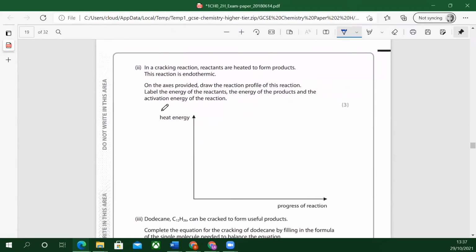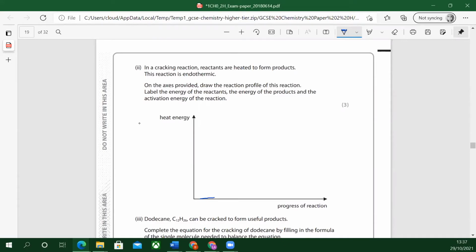Okay. So in a cracking reaction, reactants are heated to form products. This reaction is endothermic, so it takes in heat. On the axes provided, draw the reaction profile of this reaction. Label the energy of the reactants, the energy of the products, and the activation energy of the reaction. So it's endothermic, so the reactants start down here.